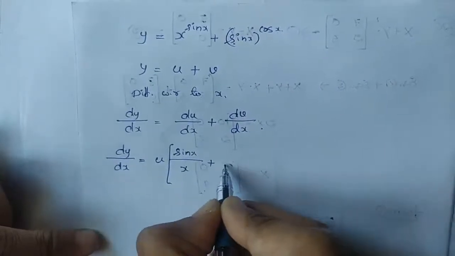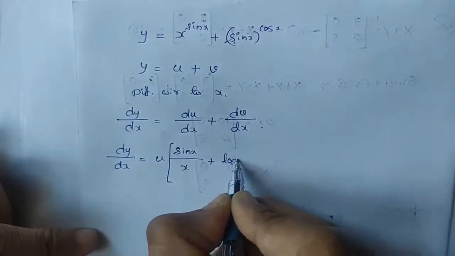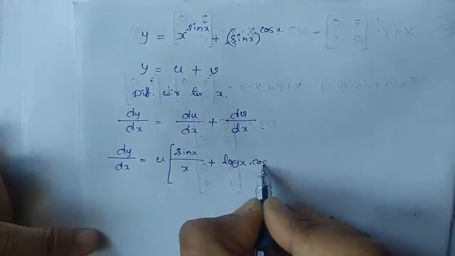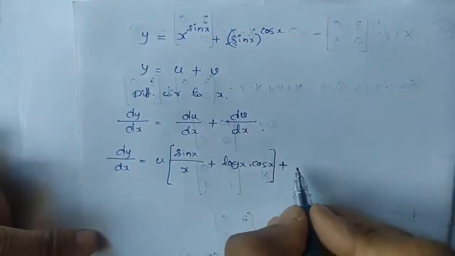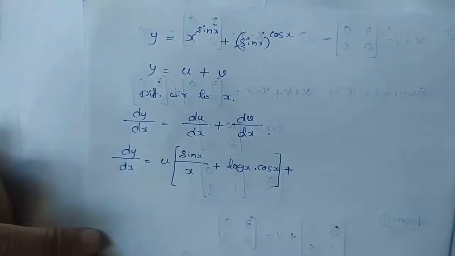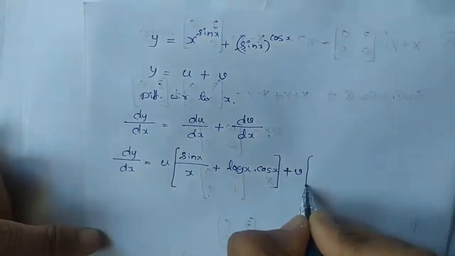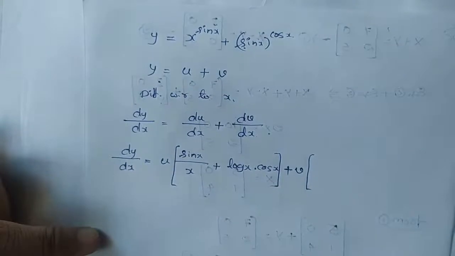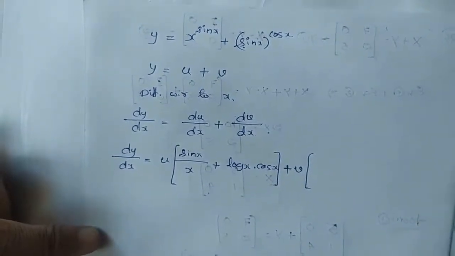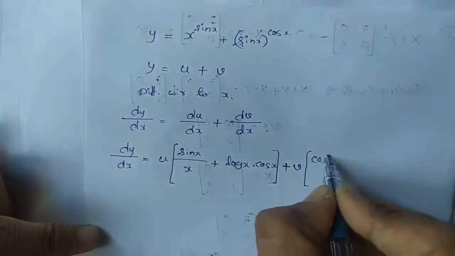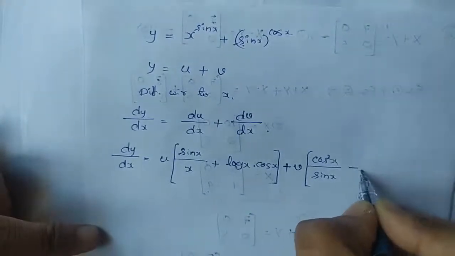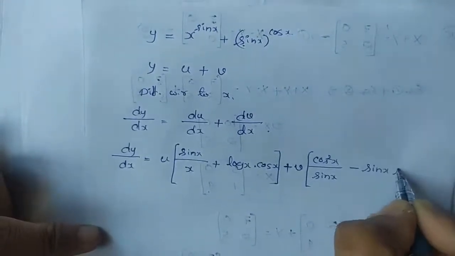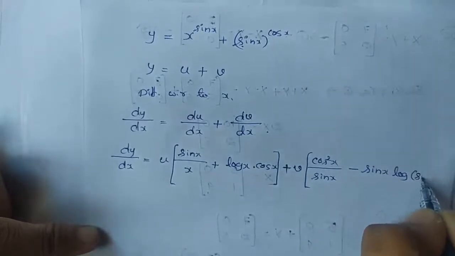plus log x into cos x, plus next dv by dx, what we have, v into cos square x by sin x minus sin x into log of sin x.